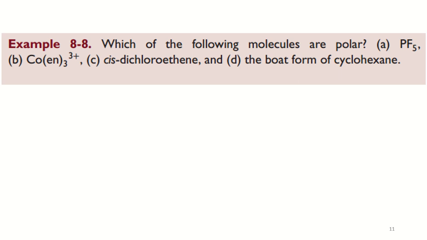There is no sigma horizontal in the boat form of cyclohexane. So the point group for the boat form of cyclohexane is C2v, and it is polar in nature.